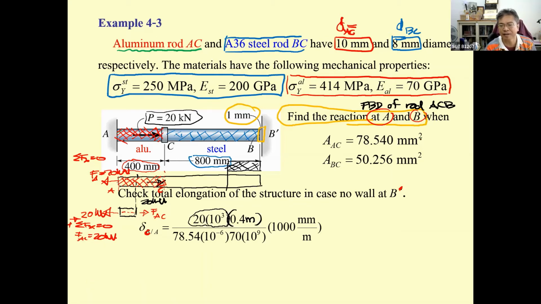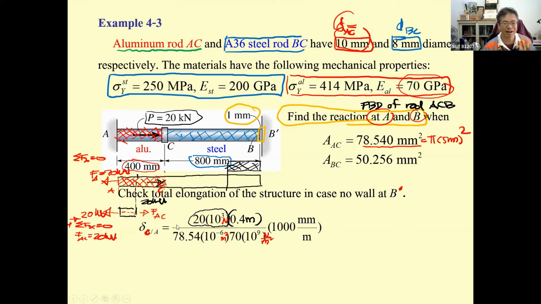The portion of AC has this area: pi r squared, with r of 5 millimeter, and then you get this one in millimeter square. So you have to multiply by 10 to the power minus 6 to change it to meter square. And this is aluminum, E is going to be 70 times 10 to the power 9 Newton per meter square. This is a Newton. So what is important is taking care of the units.